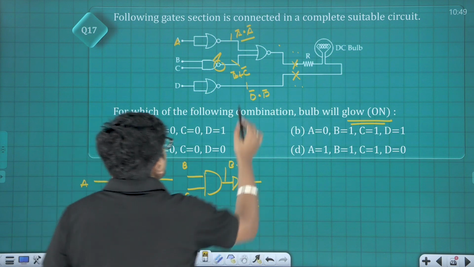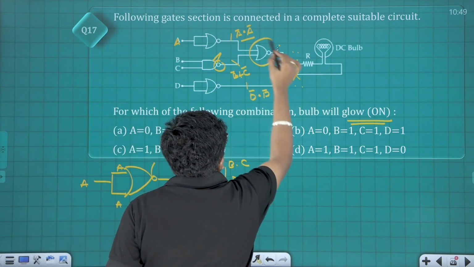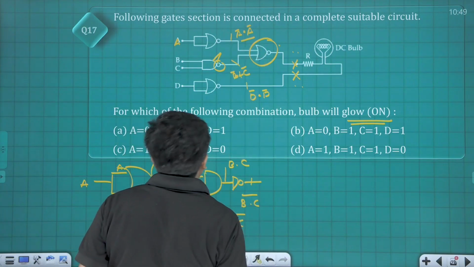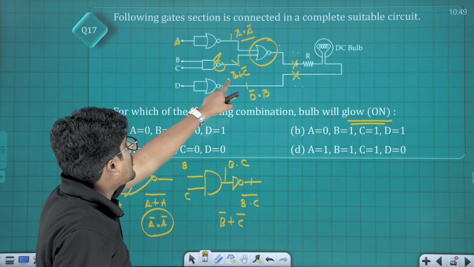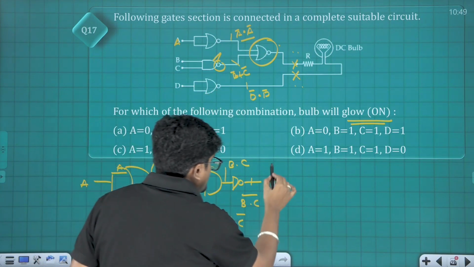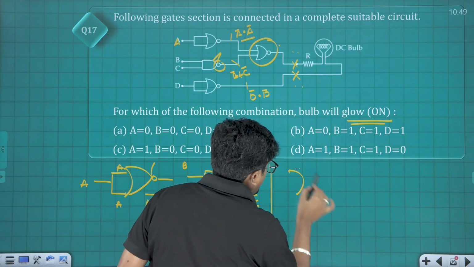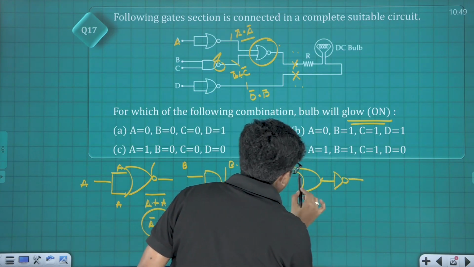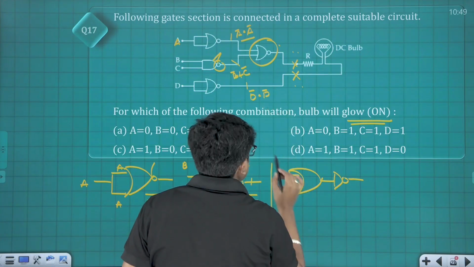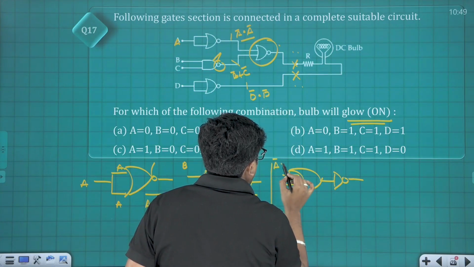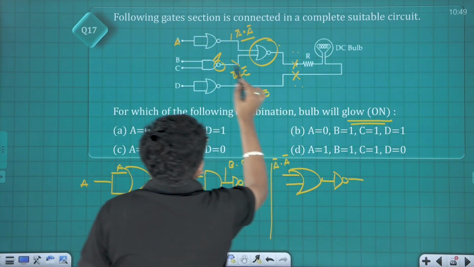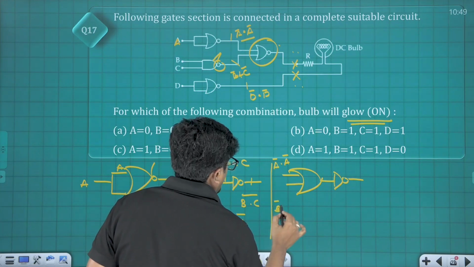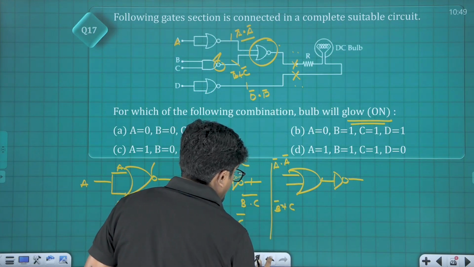Now I need to consider this gate. For the first one, it's A bar dot A bar coming in, and here we are having a NOT gate. So here this is A bar dot A bar, and the other input is B bar plus C bar.